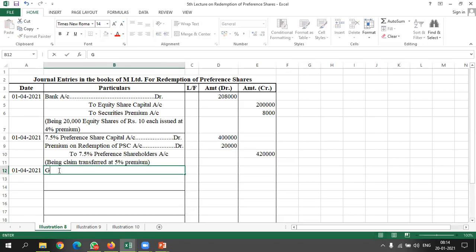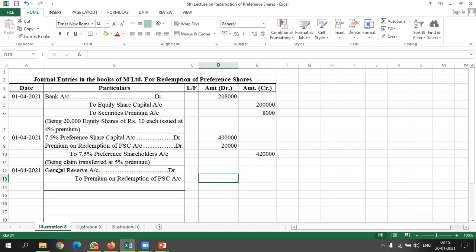So here we will write general reserve account debited to premium on redemption of preference share capital account. Okay, amount is 20,000.